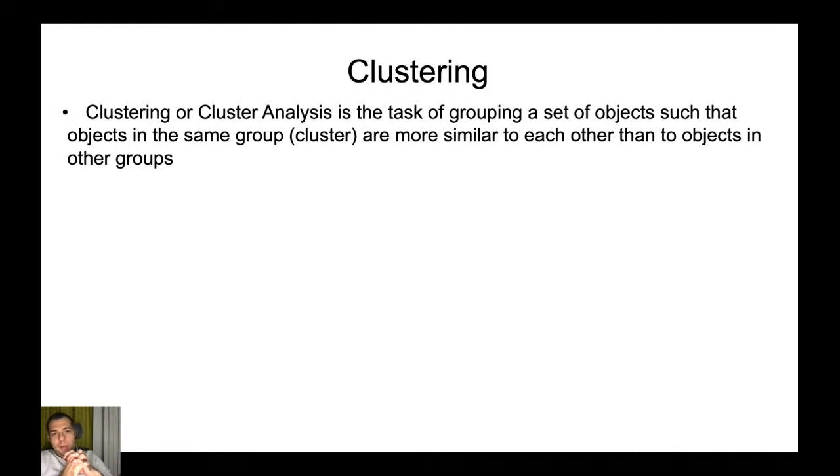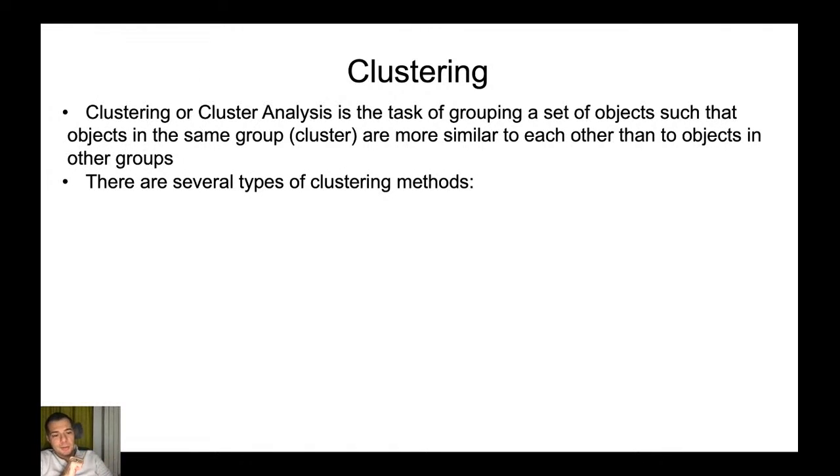Okay, so clustering is the task of grouping a set of data points such that those that belong to the same group are more similar than to data points from other groups.